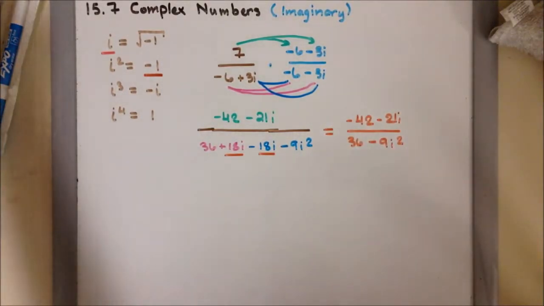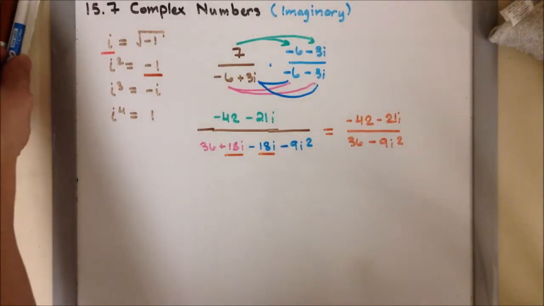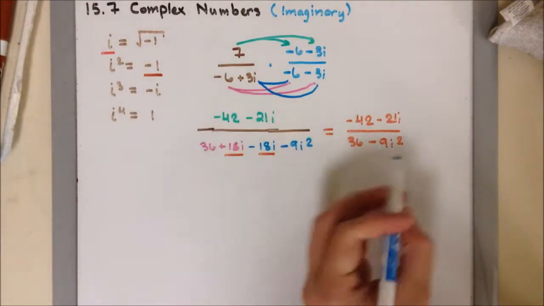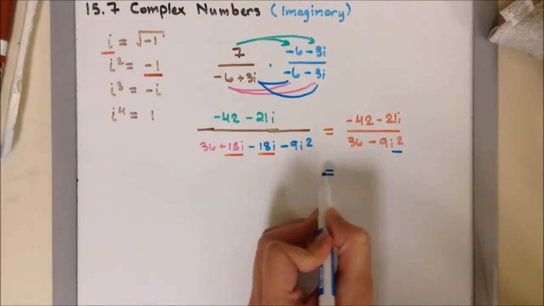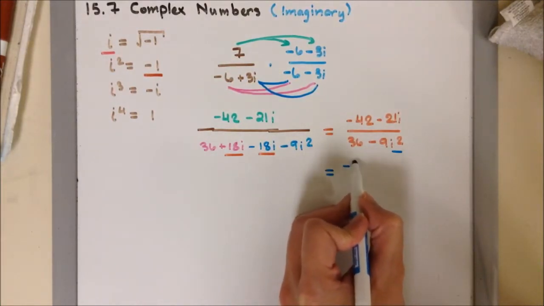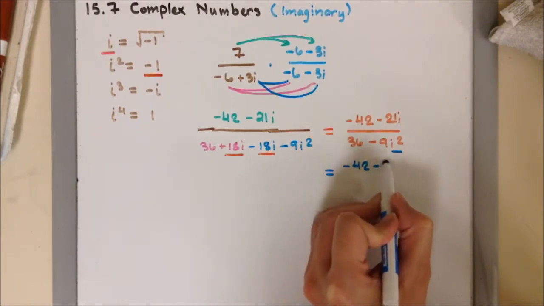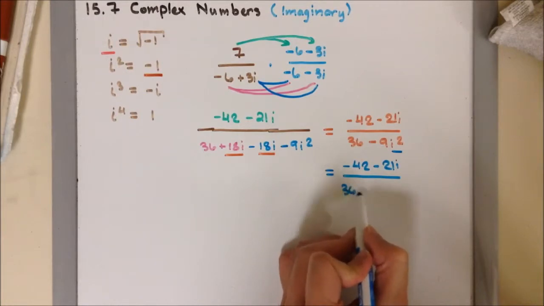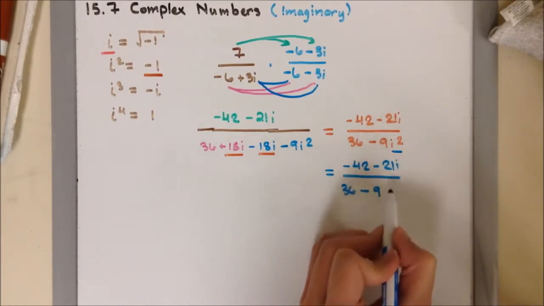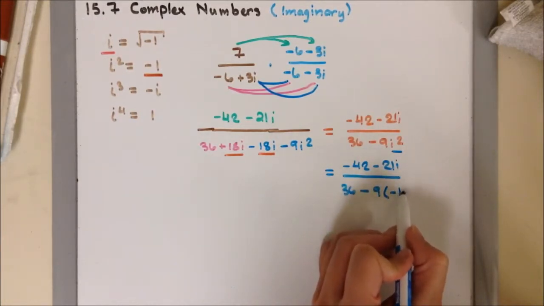Now here we can simplify the i squared because i squared is equivalent to -1. So let me rewrite that. Numerator stays the same, negative 42 minus 21i over 36 minus 9, and instead of i squared, parenthesis, -1.